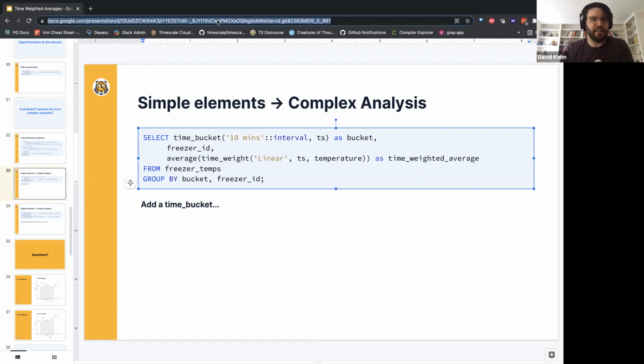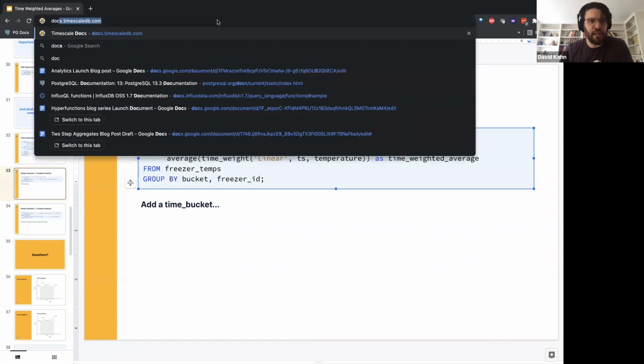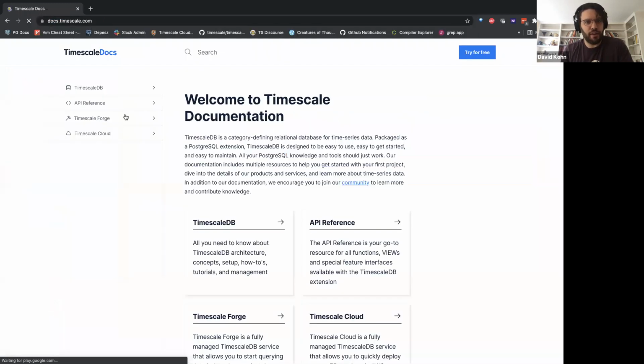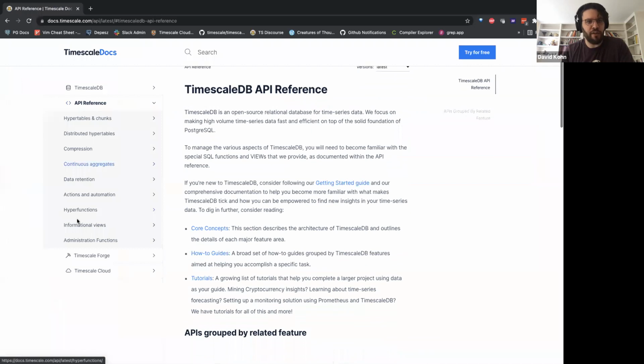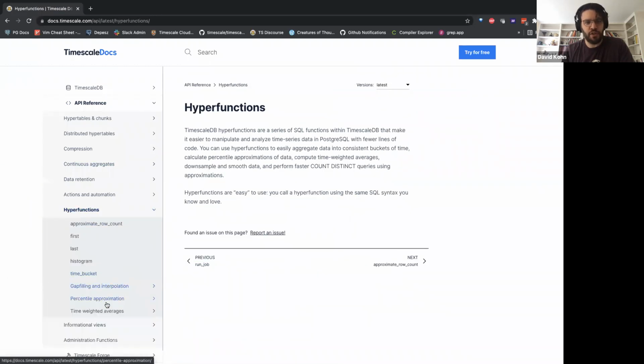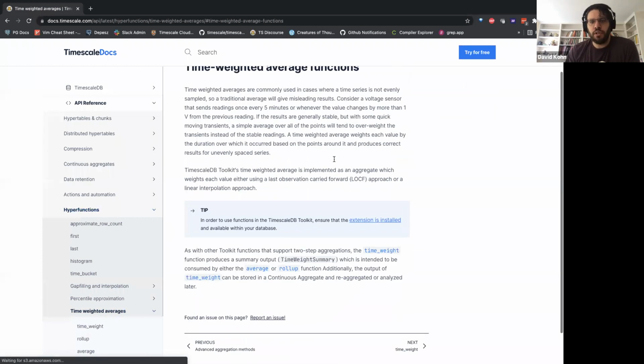Let me see if I can get to docs quickly. docs.timescale.com. If you want to find some of the stuff around this, you can go to the API reference under hyperfunctions. You'll see our percentile approximation and time-weighted averages are the ones that we just recently released. Those are the ones that are stable.